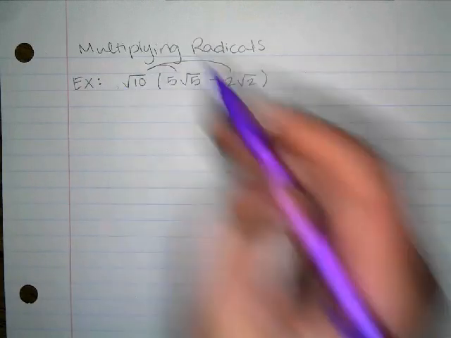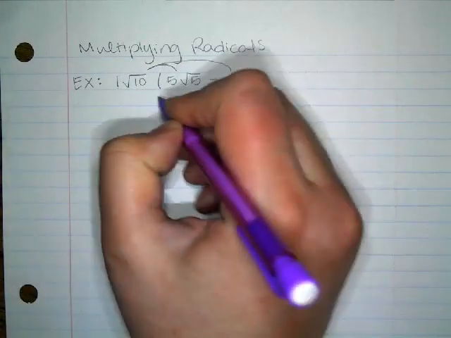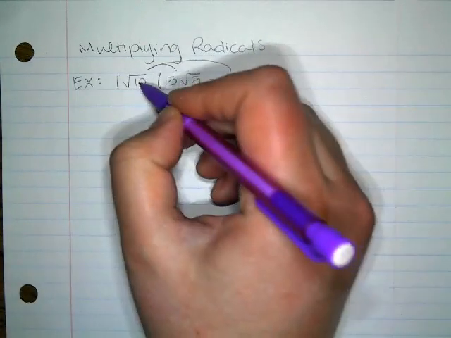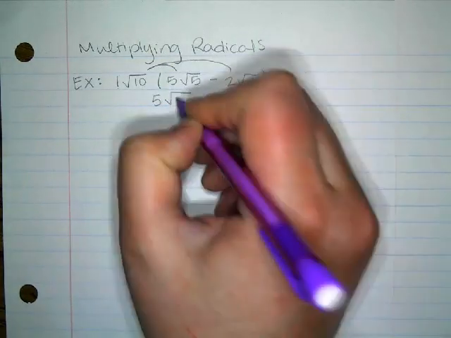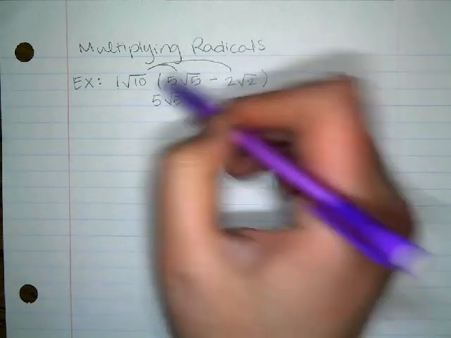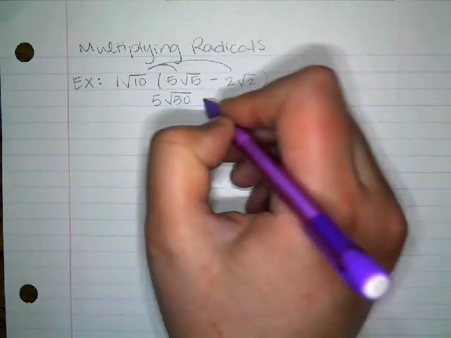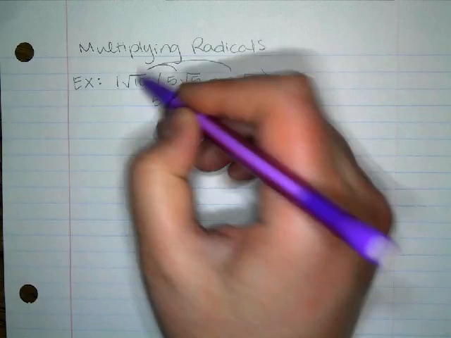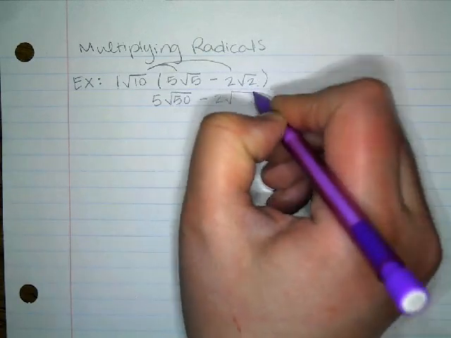This one has a 1, so 1 times 5 is 5, and root 10 times root 5 is root 50. Then for the second one, 1 times negative 2 is negative 2, and root 10 times root 2 is root 20.